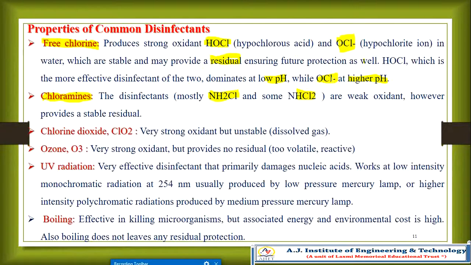These are weak oxidants, however they provide a stable residual.